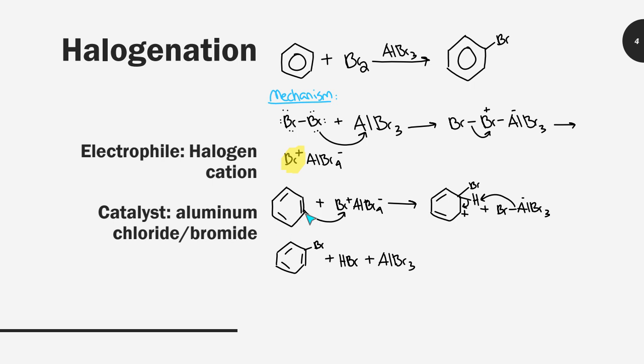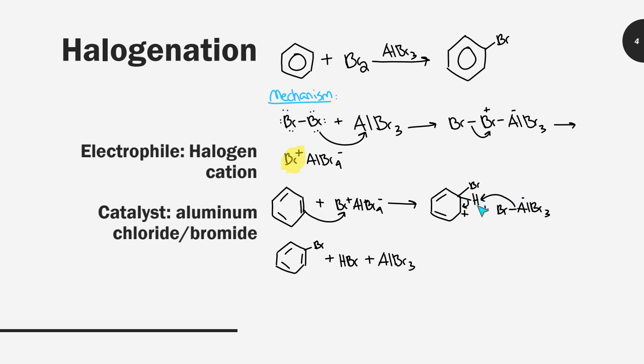The same thing, the arrow will come from the double bond to the positive bromine, which breaks the double bond. Bromine adds to one of the double bonded carbons, and a positive charge forms on the other one. In this case, the aluminum bromine bond from the counter anion is going to attack the hydrogen on the ring.